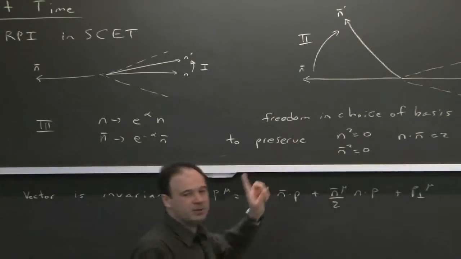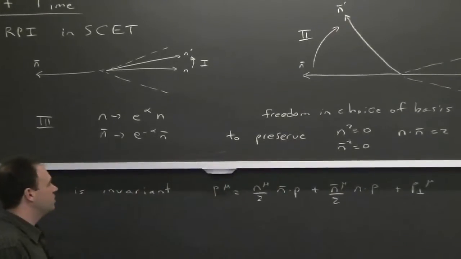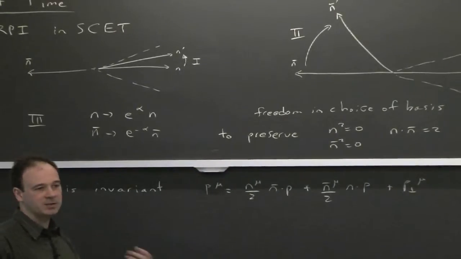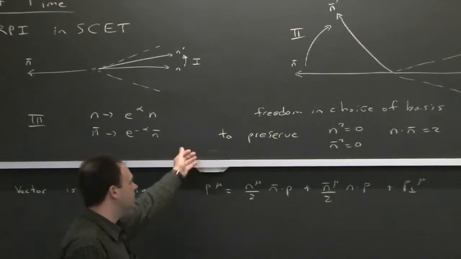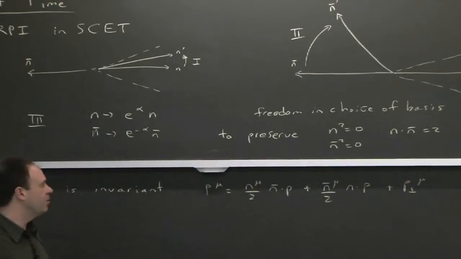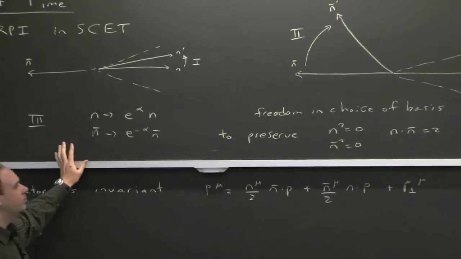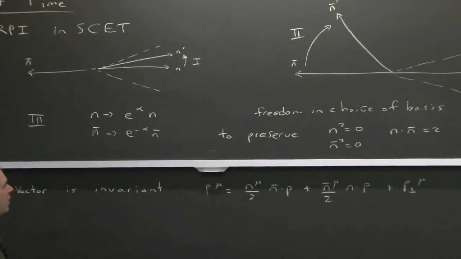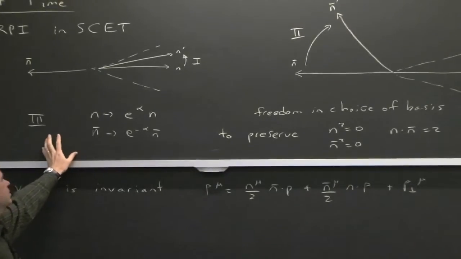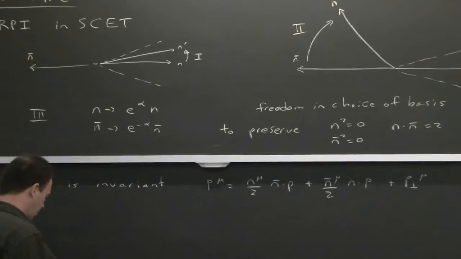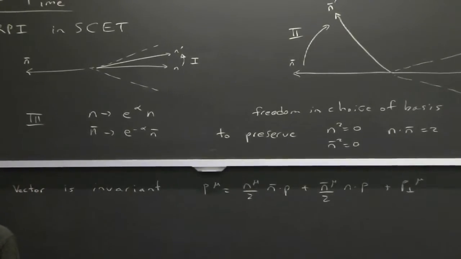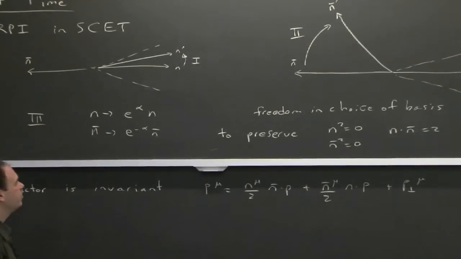And really, these transformations are just giving us a different basis for our decomposition, which satisfies all the things that we wanted that basis to satisfy, doesn't change any of our power counting, and so is an equally good description for the effective theory. And therefore, we want to have invariance under these transformations. So we're restoring Lorentz symmetry in this way.